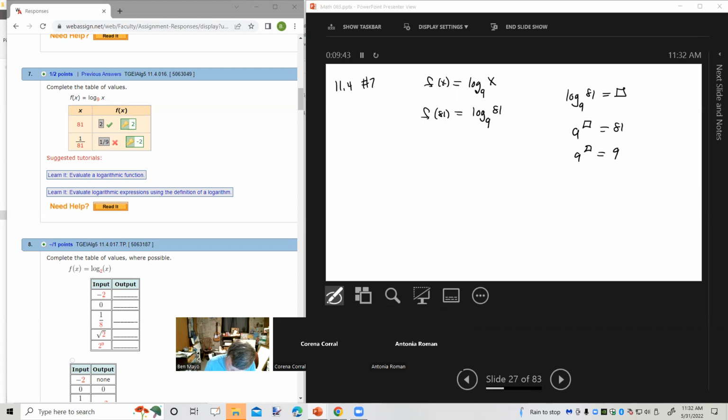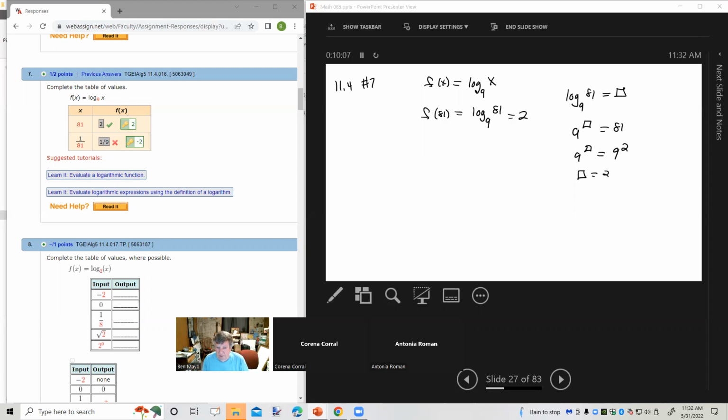But 81 could be written as 9 squared. Recall that because logs as well as exponential equations are one-to-one functions, since I've got 9 to some power equals 9 squared, the unknown power equals 2. So the answer is positive 2.